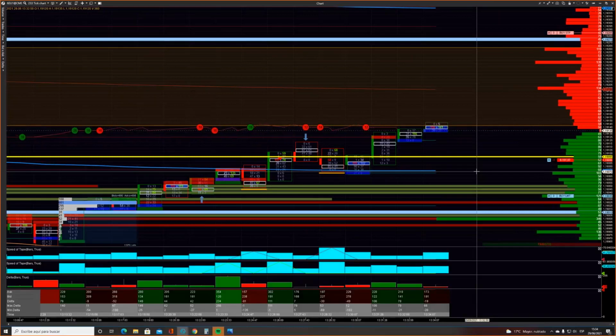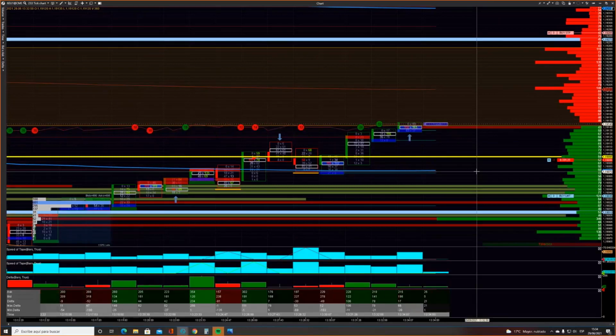That's how we see some fast movement up and down, just because of stop losses and many participants getting in or out of the market at the moment. It's what actually fuels this fast movement.